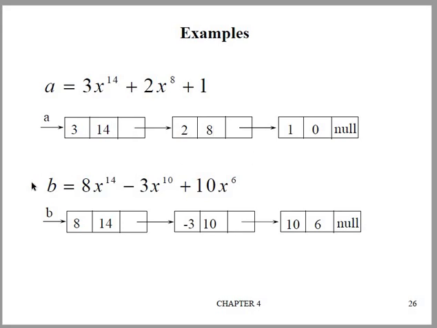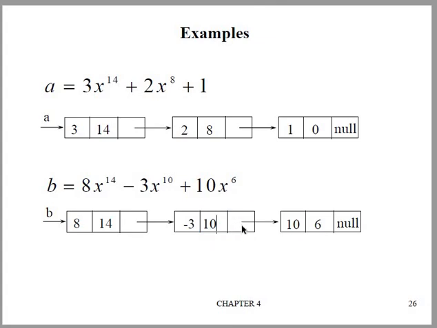Another example is B equal to 8x power 14 minus 3x power 10 plus 10x power 6. 8 is the coefficient, 14 is the exponent here. The second term is pointed to by the link pointer. The second term is minus 3x power 10, so minus 3 is the coefficient and the exponent is 10.